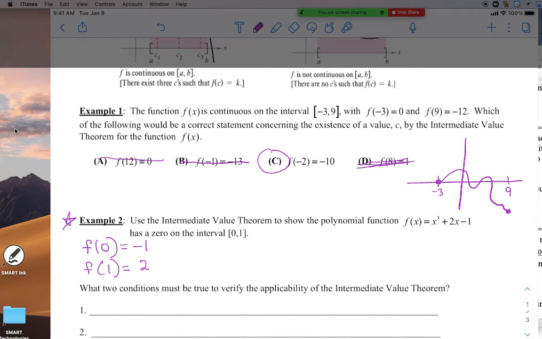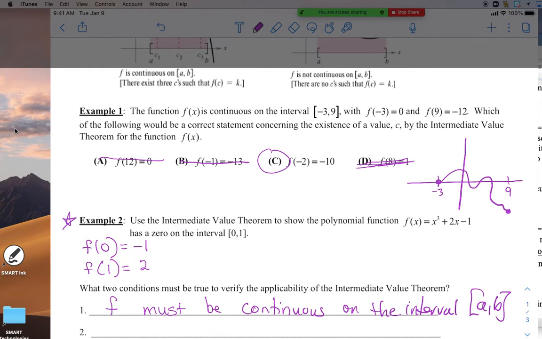Remember I told you, and we're going to write this down below. It says, what two conditions must be true to verify the applicability of the intermediate value theorem? F must be continuous on the interval from A to B. As I started writing, I went, uh-oh, we forgot to check in example 2 if f of x is continuous.